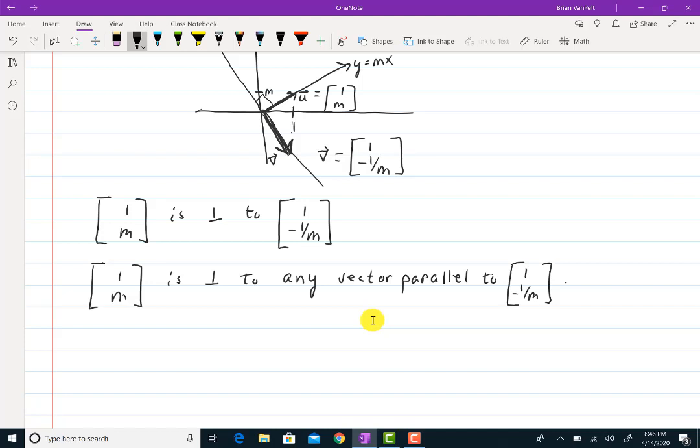Well, any vector parallel to (1, -1/m) is a multiple of that same vector.